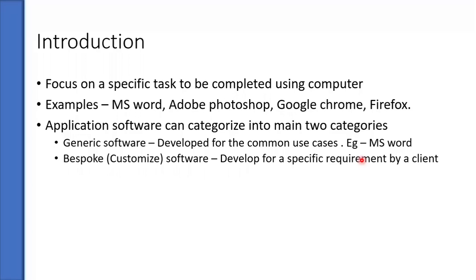If a software is used by British Telecom PLC, think this company would use it only within their company. For that purpose, they want to develop a software. What they do is find a consultancy firm or software development firm to develop their requirement. This is a specific requirement for this client.